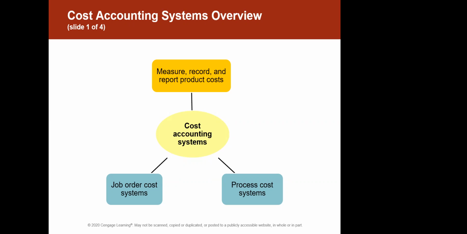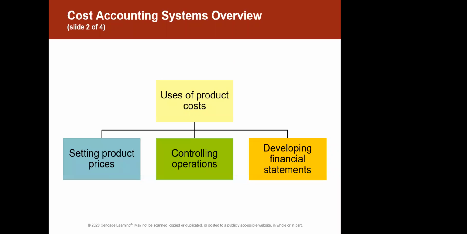Maybe process number 1 is sterilizing the bottles. Process number 2 is the mixing department where they mix the syrup they get from Coca-Cola with the carbonated water. Process 3 is filling the bottles. Process 4 is packaging them for delivery or something like that. So one focuses on jobs or orders, the other focuses on the processes of it. Okay, so today we're going to do job order costing systems.